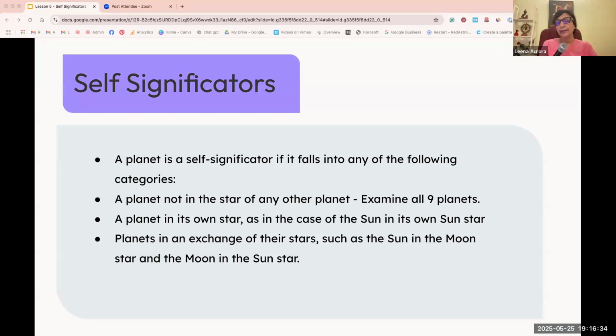Okay, so let me go back and explain why it is called self-significator and why it is called untenanted. Can you understand the word tenanted? Tenanted means when a person is staying in someone's house. I have 2 houses in my place, and in one of my properties I am staying. The other property someone else is using. So he is a tenant.